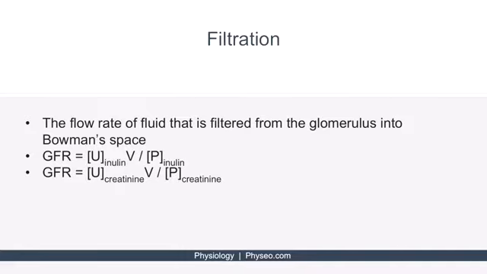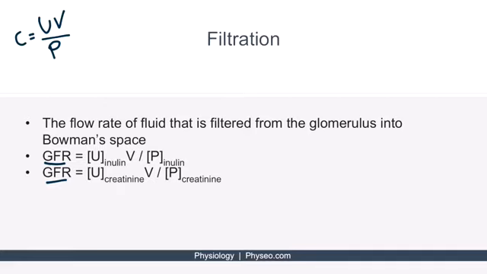Recall that clearance is calculated using the equation UV over P. So if we plug in inulin or creatinine into the clearance equation, then we can solve for GFR, as I've shown here. Remember, inulin is freely filtered by the glomerulus, but none of it is reabsorbed or secreted. And this makes inulin the most accurate measurement of GFR.